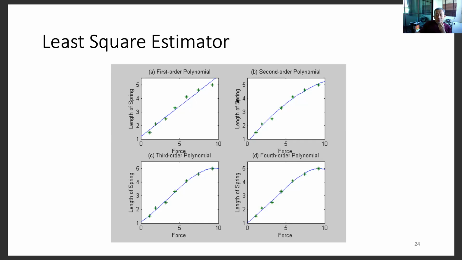B, second order polynomial, looks good. But compared to the third order polynomial, that looks better. 2 and 3 are better, but 4 is out of options. So the best representation is either second or third order polynomial.